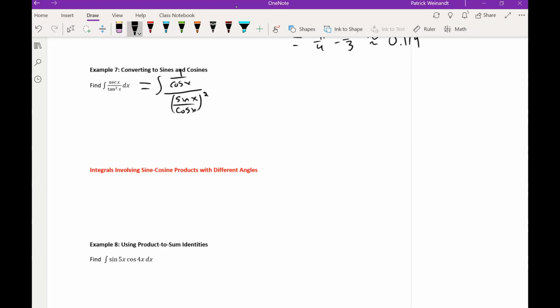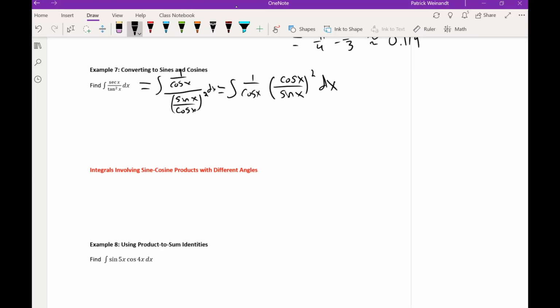Well, I'm dividing by 2 fractions. This is the same as multiplying by the reciprocal. This is the same as the integral of 1 over cosine of x times cosine of x squared over sine of x, all that whole quantity squared, dx.